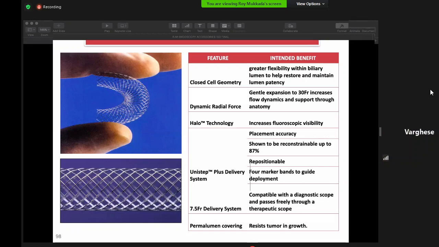What is the principle behind putting a cover for the stent? For malignancy, usually covered. Yes, tumor ingrowth. Yes, tell that. In an uncovered stent, tumor ingrowth will block the stent fast, so we want to avoid that. Okay.